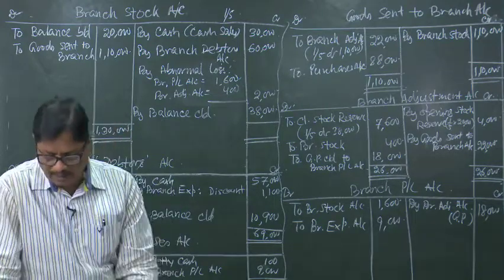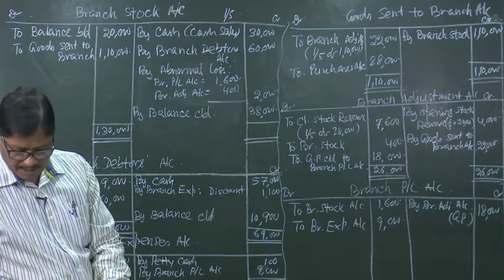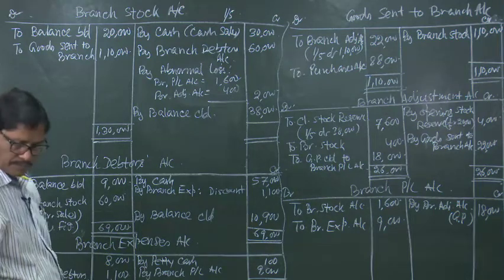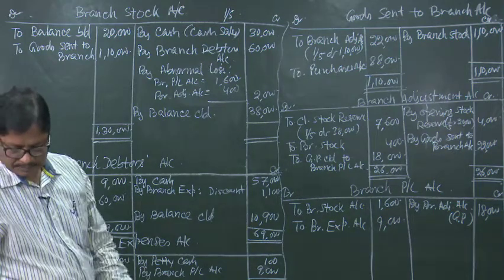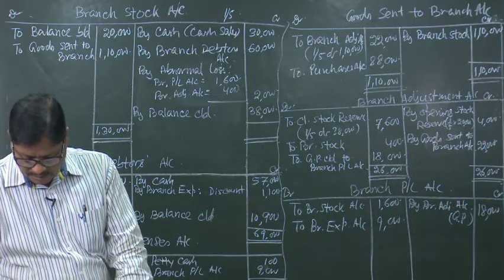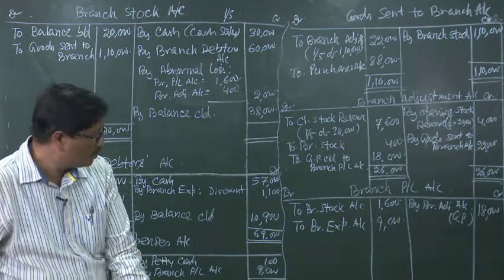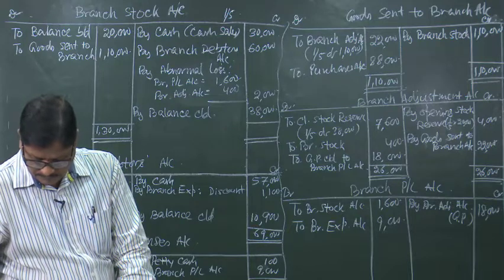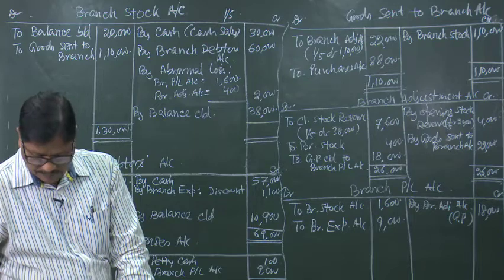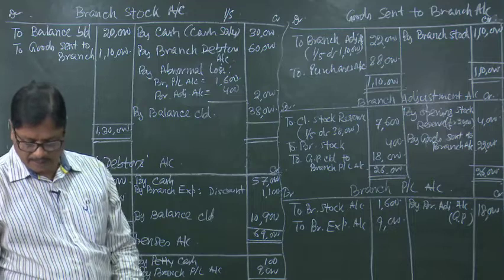So, in the branch PL account, the expenses we have taken are 9,000. Then 1,600, that is the stock shortage and loading.